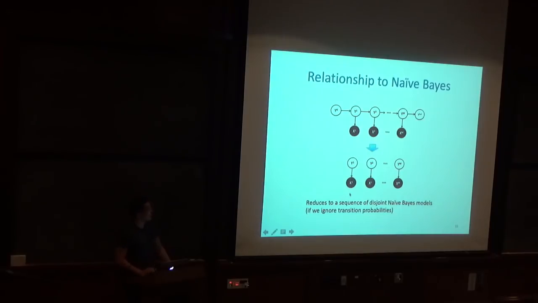But otherwise, you get back a sequence of naive Bayes models that are independent of each other once you chop off the sequential dependencies between the y's. So a hidden Markov model is, in some sense, the simplest extension of naive Bayes that can incorporate sequential dependencies.